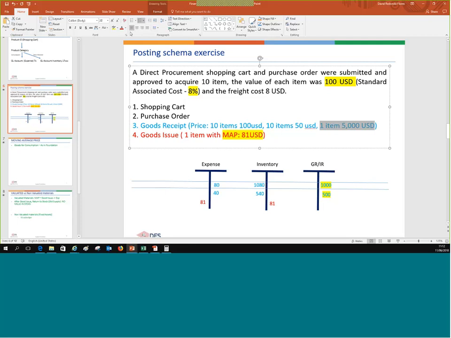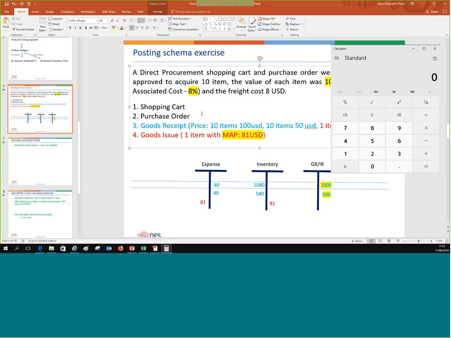But this is wrong, right? They are acquiring something from a different material, but they select the wrong product ID in the shopping cart. What would happen? This is terrible, because in inventory we will have this $5,000 for one item plus 8%.